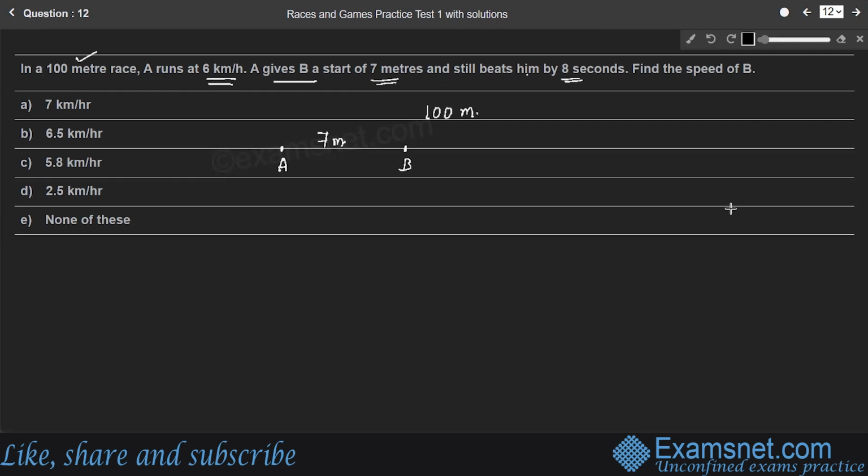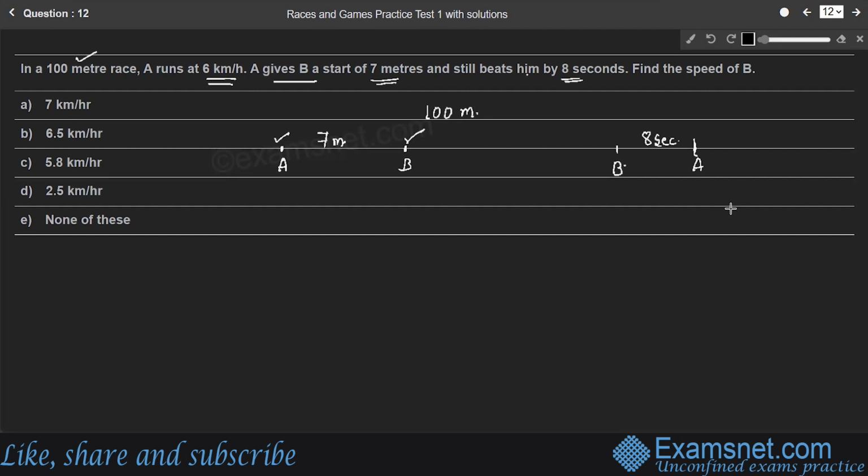So here starting point of B is here at B, starting point of A is here, right, at A. So still A beats B by 8 seconds. So A reaches the destination before B reaches, such that by 8 seconds A beats B, right? So find speed of B.